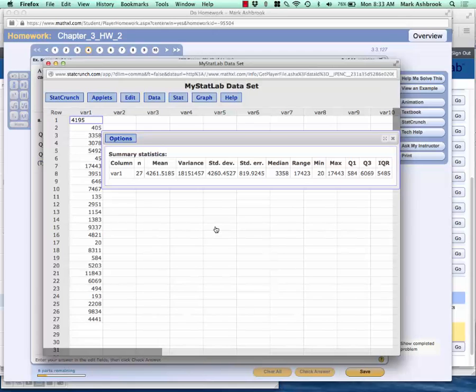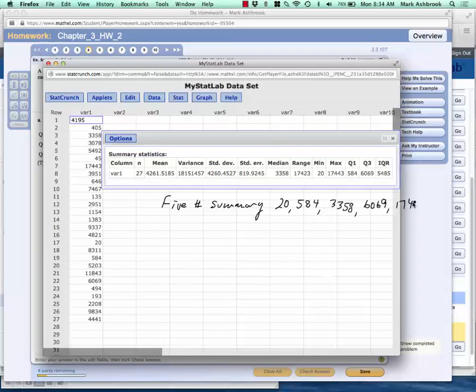So first of all, let's write down the 5-number summary. You do that from least to greatest. So we're going to go 20, 584, then the median, 3358, then Q3, 6069, and then the max, 17,443.